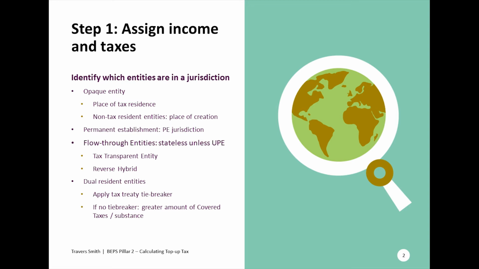If there isn't a tax treaty tiebreaker, maybe because there's no treaty, or perhaps because the treaty requires you to go through the mutual agreement procedure, then the entity is located in the jurisdiction in which the greater amount of covered taxes is paid. If the amount of covered taxes is equal in two jurisdictions, or perhaps there's no covered taxes, then the entity is located in the jurisdiction in which it has the most substance, and if it has no substance, then it is stateless.